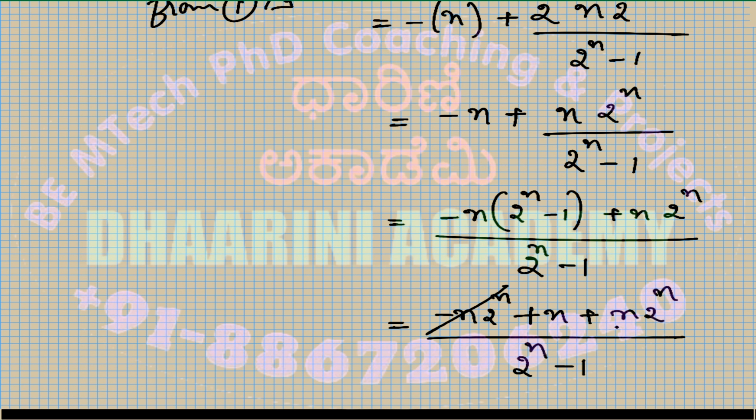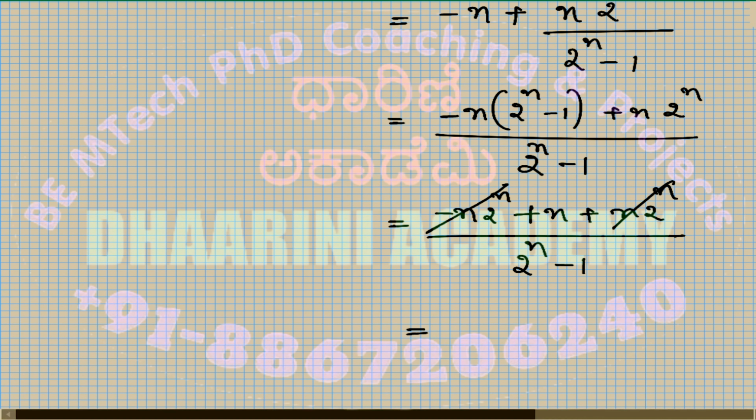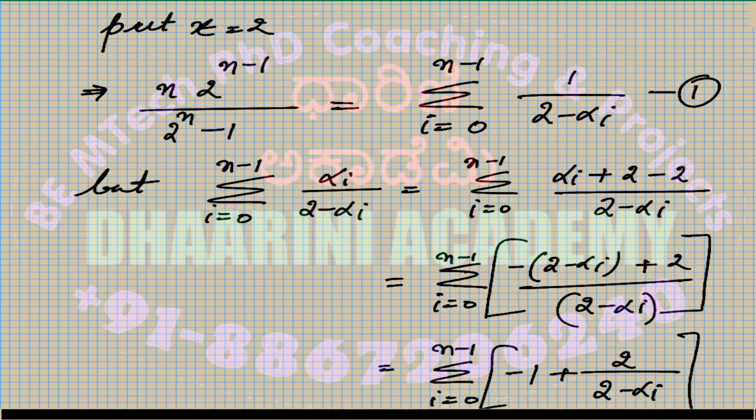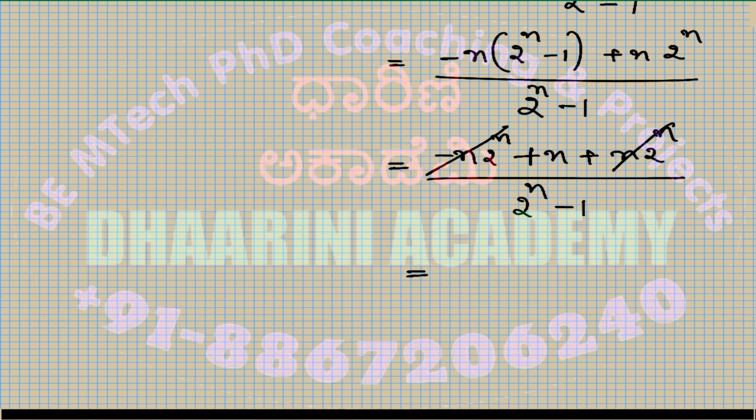So ಇದು cancel ಆಗುತ್ತೆ because they are opposite. I think this is the answer, right? So left hand side we still have this term, right? This is what is asked in the question. So we can say that the required answer is n divided by 2 to the n minus 1.